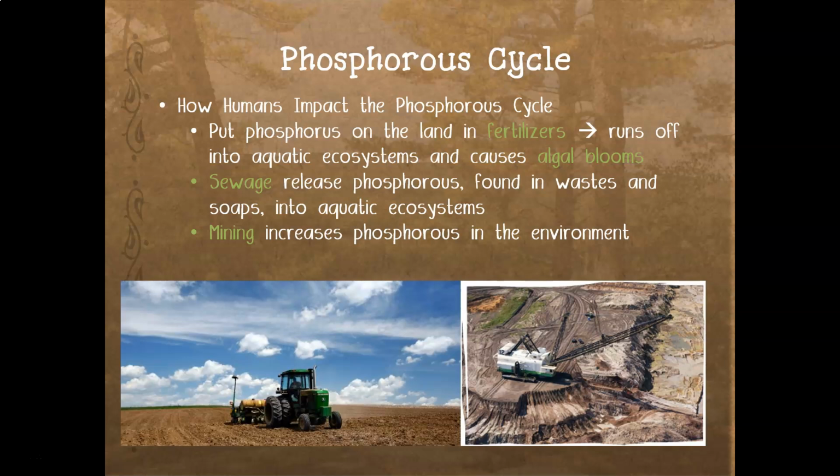So humans can have impacts on this cycle as well. One of the big ones is, once again, those fertilizers. Plants need that phosphorus in order to grow, just like they need the nitrogen. And so we see the same impacts of having excess fertilizer that we talked about in the nitrogen cycle, causing algal blooms as well by having excess phosphorus on those fertilizers being leached into our water tables and running off to aquatic ecosystems.